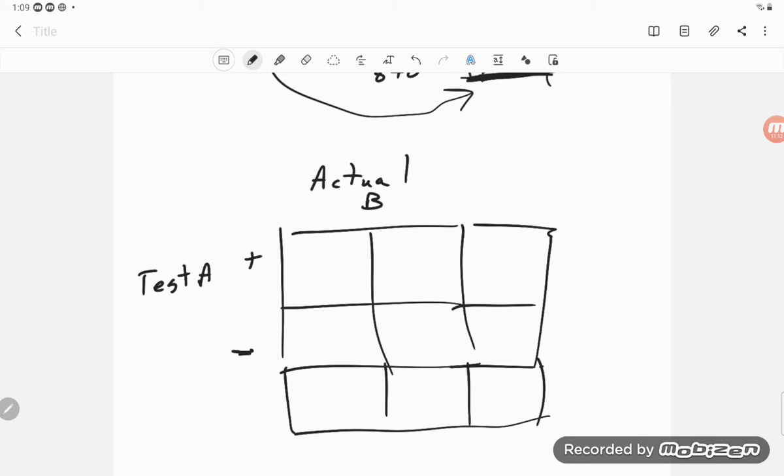Okay, and say you actually had it or didn't have it.